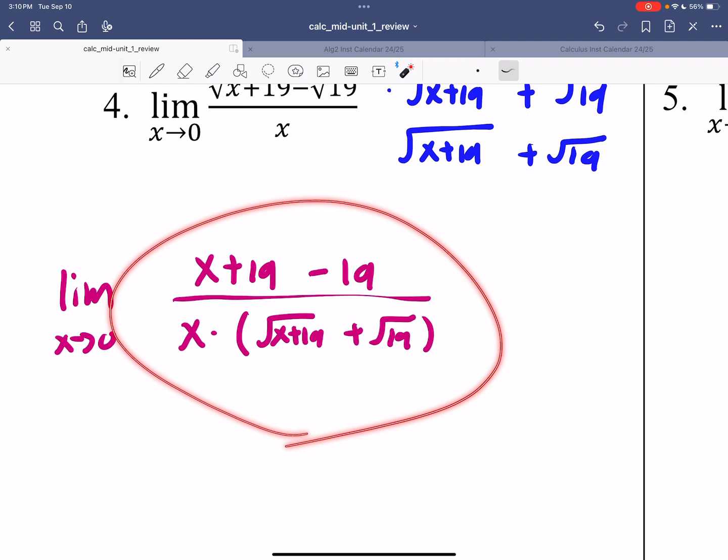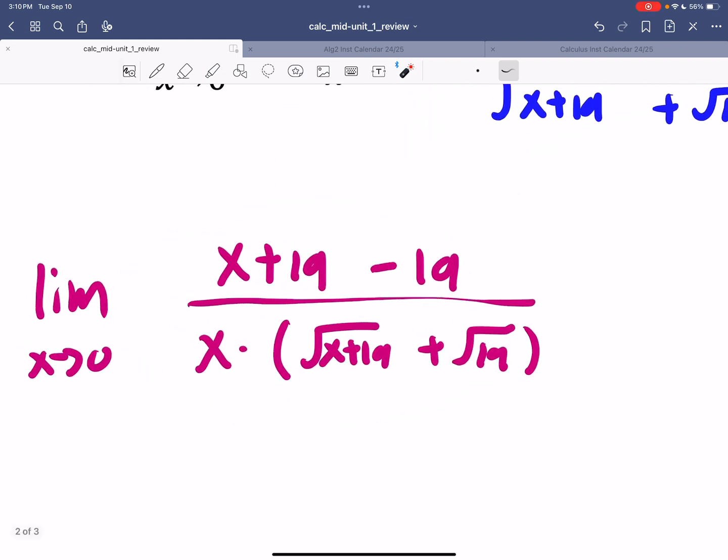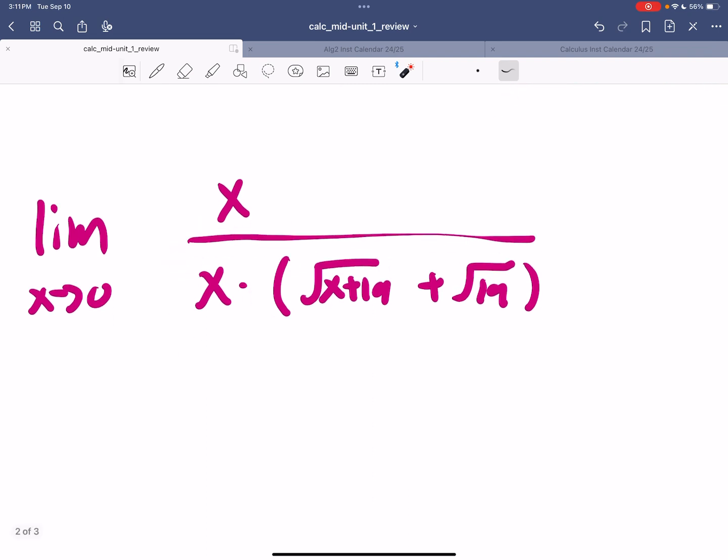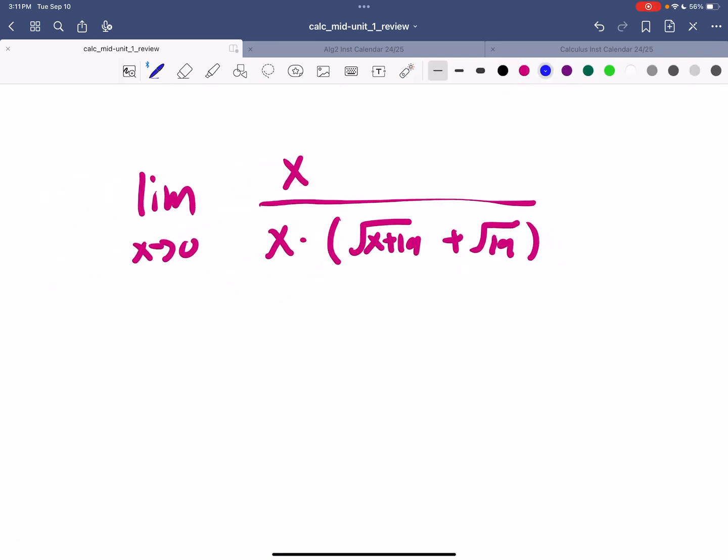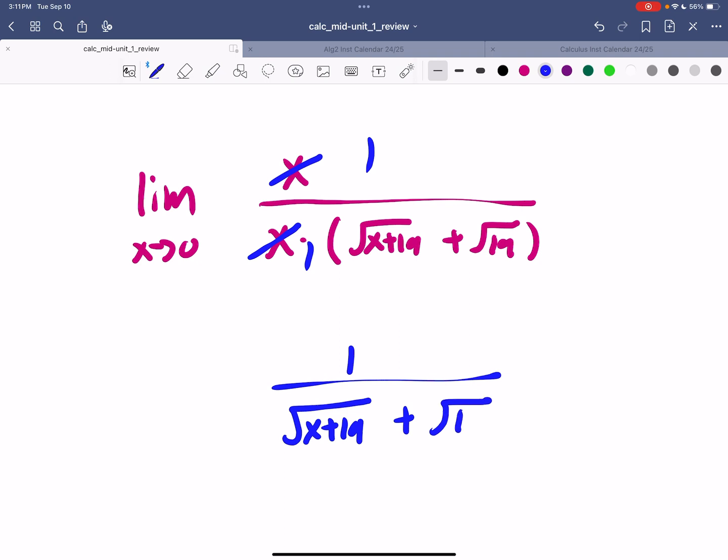So let's look at this fraction. Do you see 19 can be canceled out like this? So I'm going to cancel out 19. So I have this left over. And look, finally, I can cross out x, right? So if I cross out x, I have 1 over square root of x plus 19 plus square root of 19 left over with this limit.